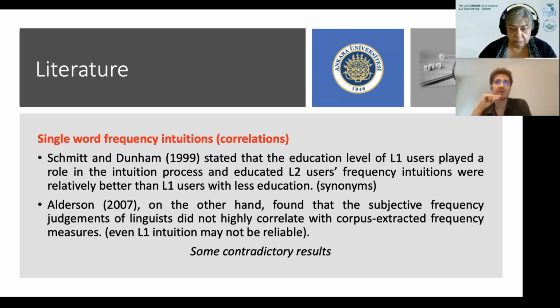Alderson, on the other hand, found that the subjective frequency judgments of linguists didn't correlate with corpus-extracted frequency measures. So in some contexts, even L1 intuition may not be reliable, and so there are some contradictory results in the literature.